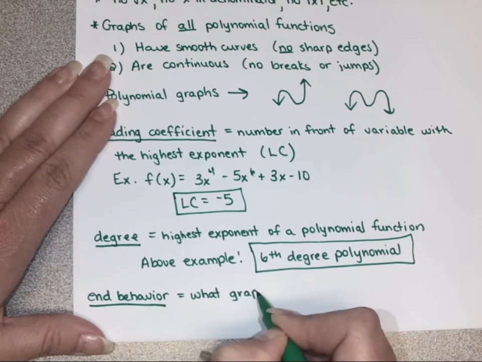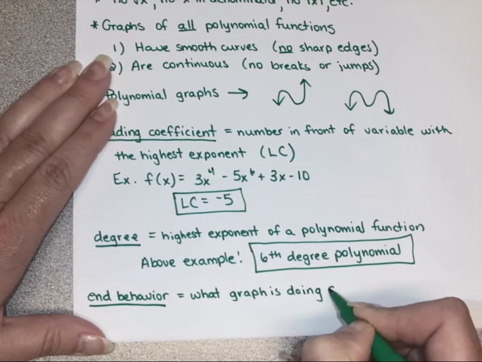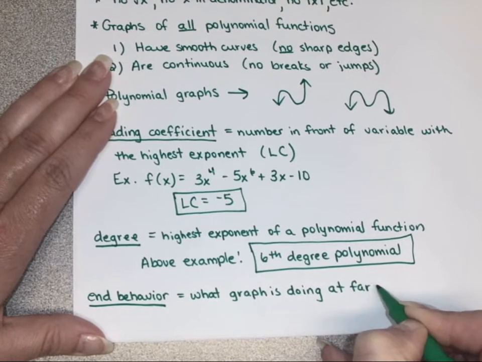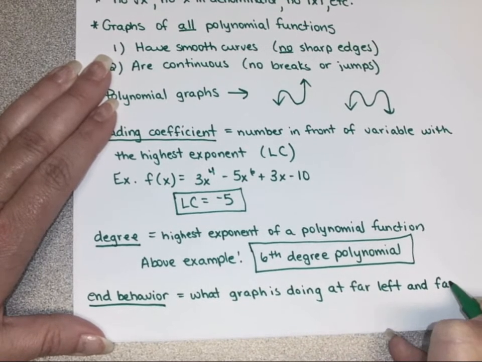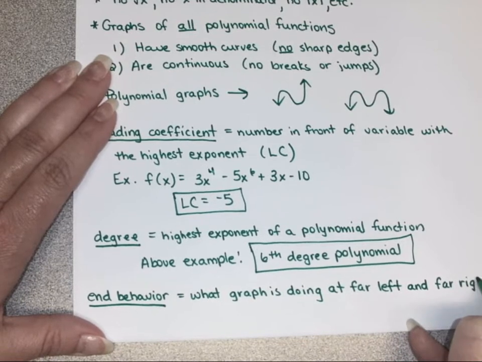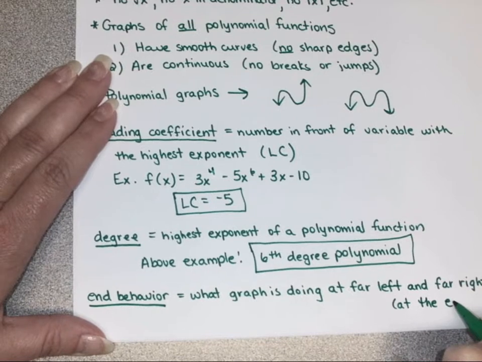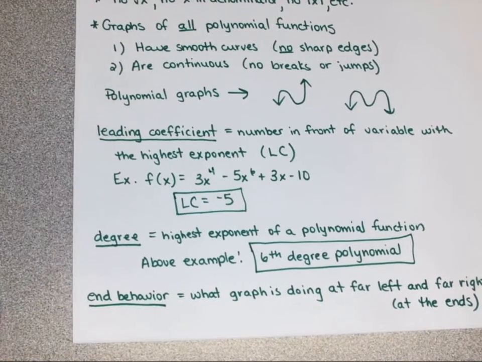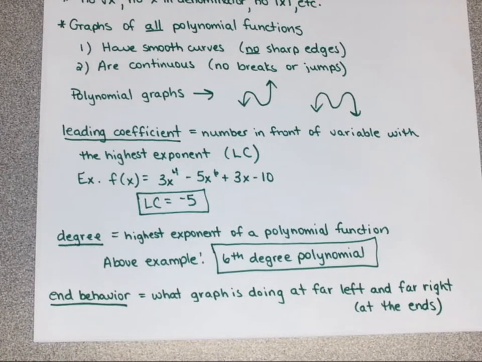It's what the graph is doing at the ends, or what the graph is doing at the far left and the far right. That's just a fancy way of saying at the ends. The end behavior is not really concerned with what the graph's doing in the middle, just what it's doing on the far left, and then what it's doing on the far right.